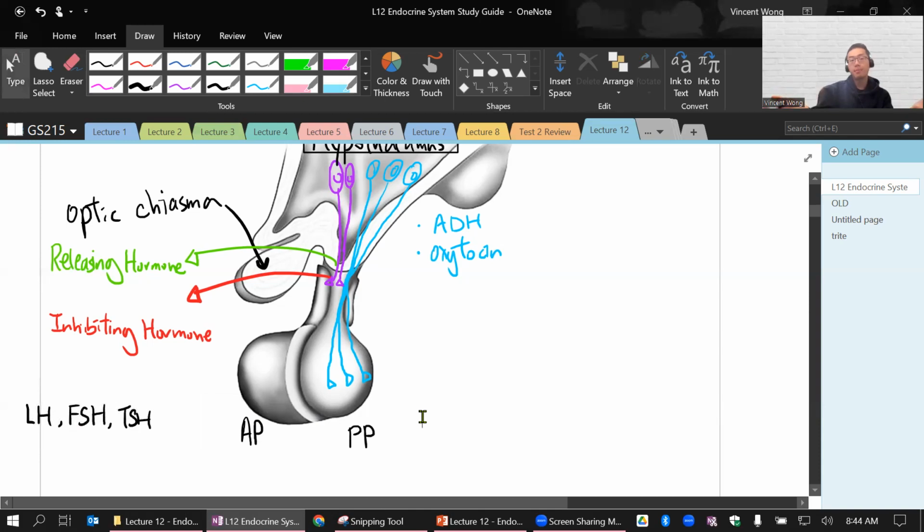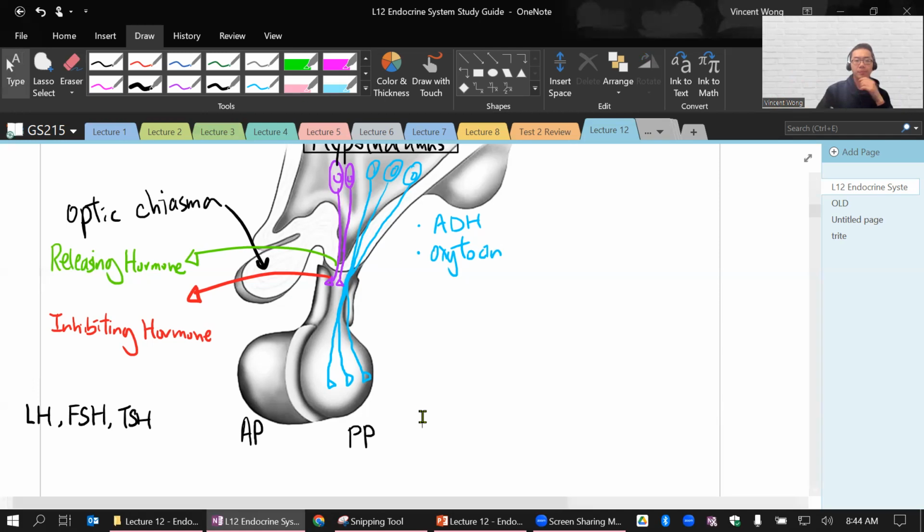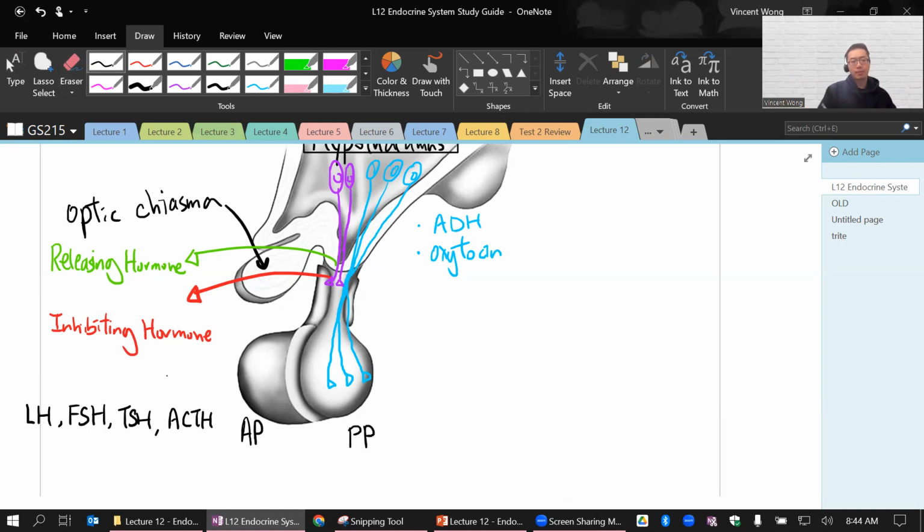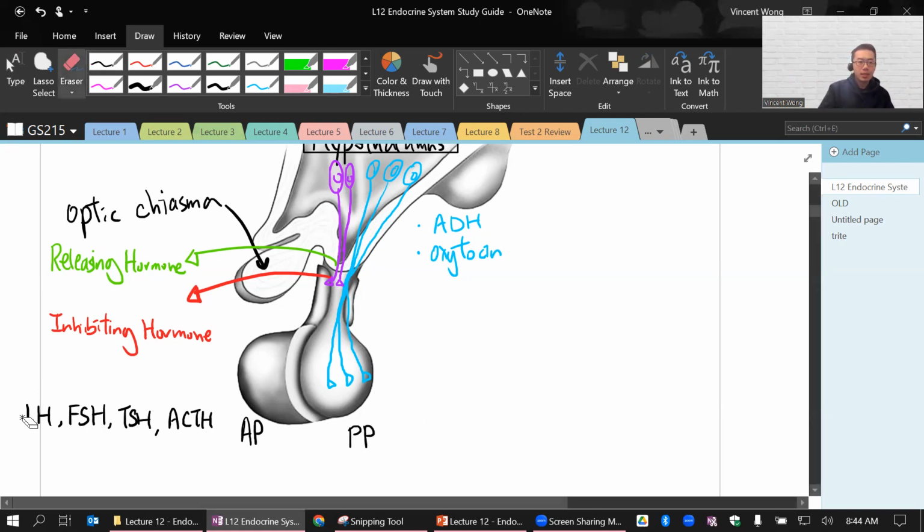Okay, and as the name implies, the thyroid stimulating hormone will stimulate the thyroid. We also have something called ACTH. The name is more complicated, but AC stands for adrenocortical, which means it's going to stimulate the adrenal cortex.